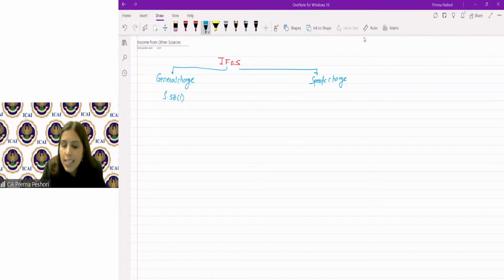What does 56(1) say? Section 56(1) talks about the general charge. What is going to be charged under the head income from other sources?